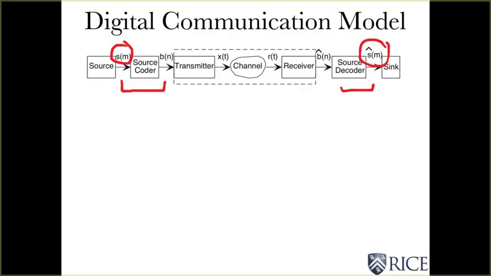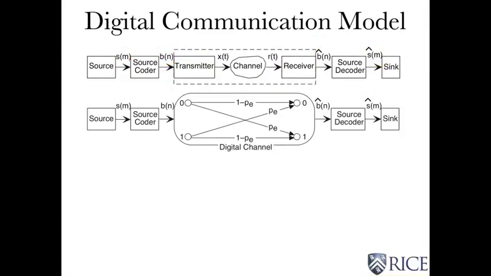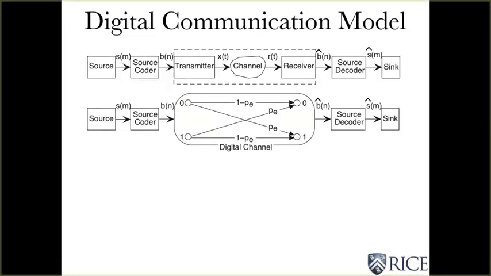And as you know, once you have bits, you have to go through assigning a signal set, send it through a wireline or wireless channel, receive it with the correlation receiver, and put out the estimated bit. Well, the simplification in the digital communication model is to try to ignore all the details about the analog channel, signal sets, correlation receivers, etc. The bottom line is that when you put in a bit, out comes a bit, but it may be wrong.